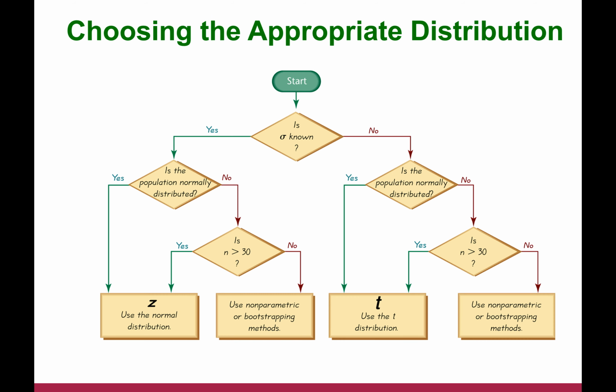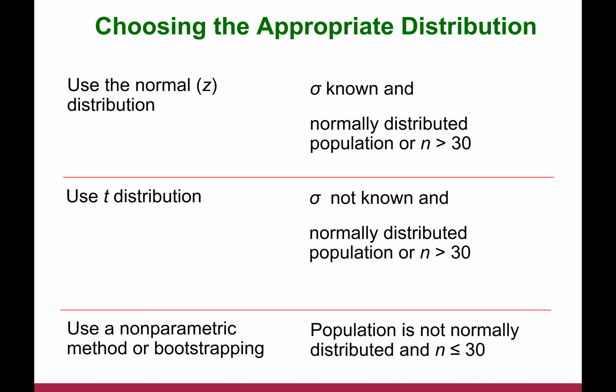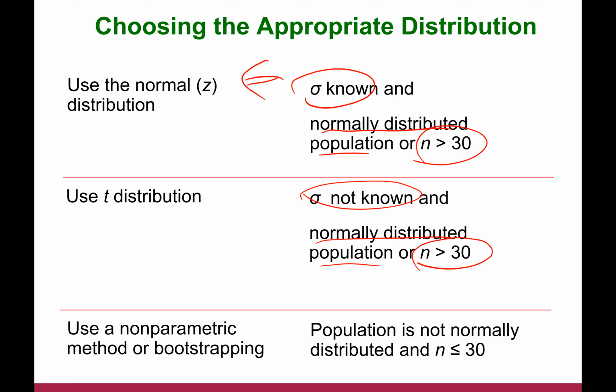analyze one more time. And this flow chart shows you which distribution to use, either t or z. If sigma is known and the population is normally distributed, or the sample size is greater than 30, we use the z distribution, the normal distribution. If sigma is unknown and the population is normally distributed or the sample size is greater than 30, we typically use the Student t distribution.